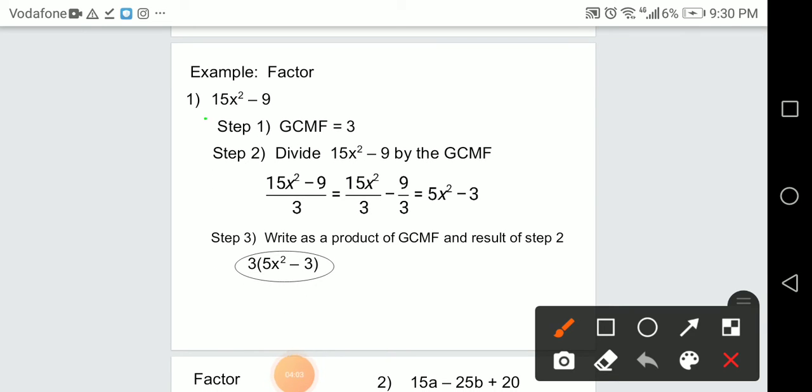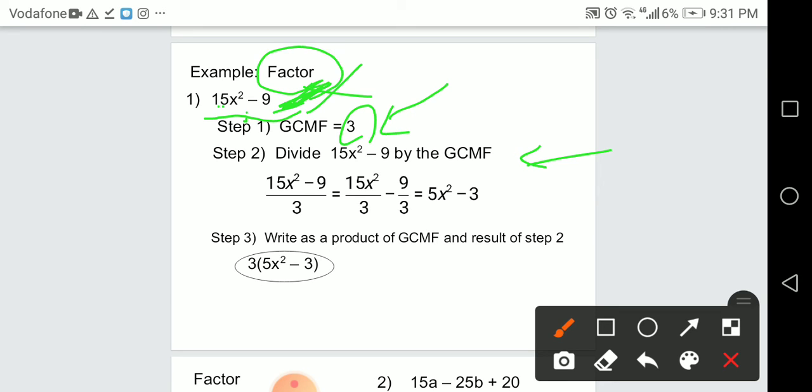Take 15x to the power 2 minus 9. Step 1, get the GCMF, the greatest common monomial factor. 15 and 9, what's the common? They are divisible by 3, so I'll write 3. I have x to the power 2 and I don't have any x in the other term, so I'm not going to take the x at all. So I have just 3. The question says factor.